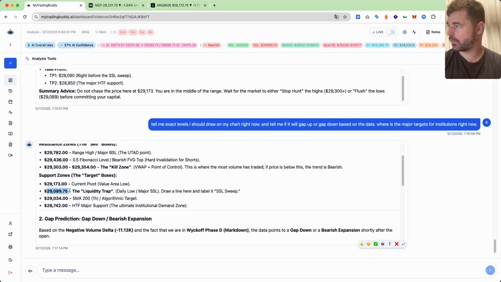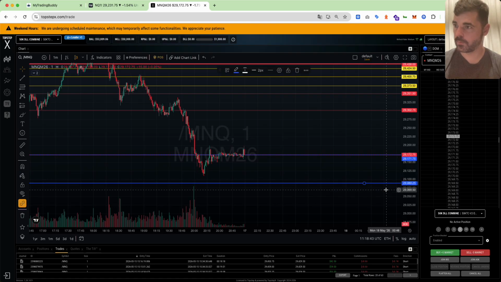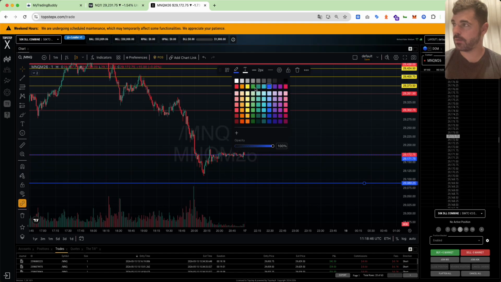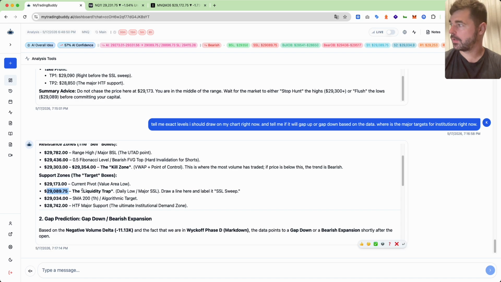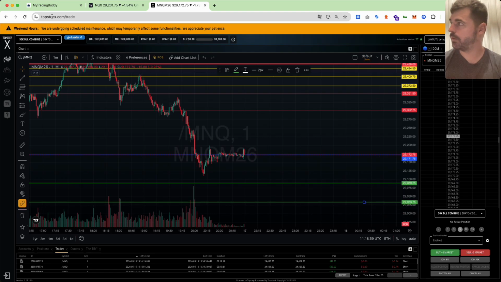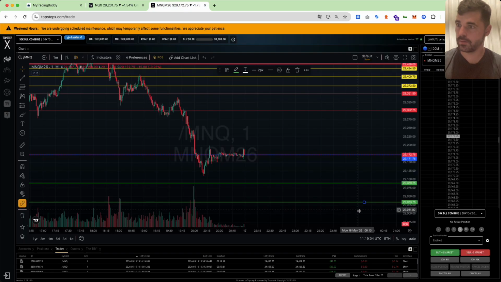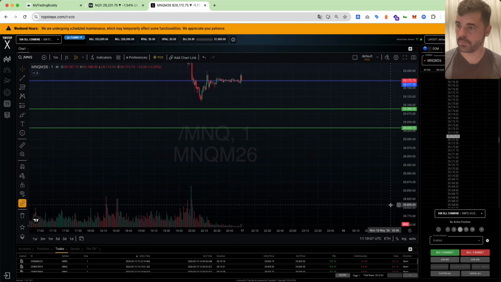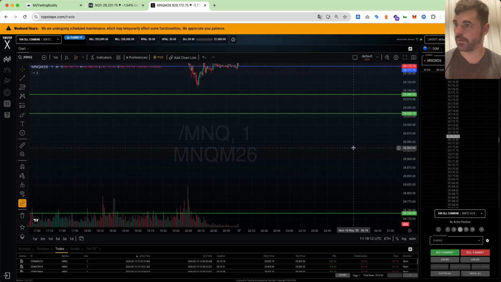So the liquidity, 29 right here, that is pretty much our take profit 1. And then maybe take profit 2 at 34. And then maybe this one, 28,742. 28 is way down here, but we'll see what happens this week.